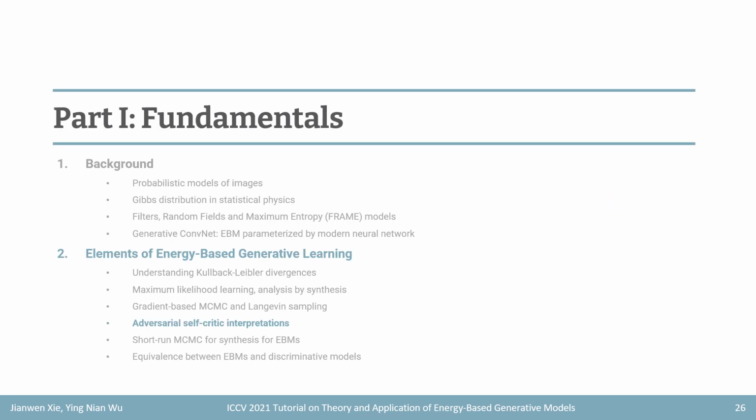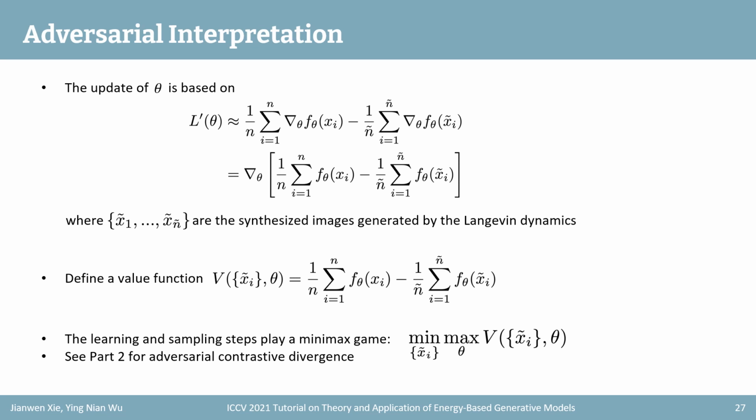We are going to talk about adversarial self-critic interpretation. Here, I want to show you the adversarial interpretation of the energy-based learning. The update of parameters theta is based on the gradient of the log likelihood, which is the difference between the observed statistics and the synthesized statistics.